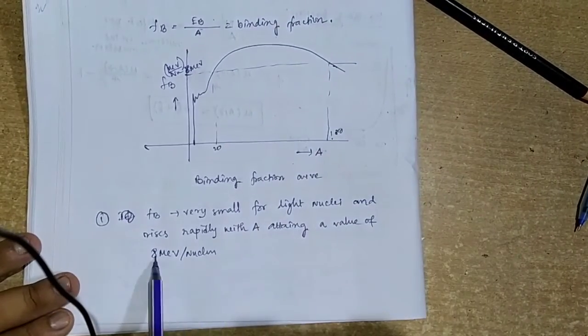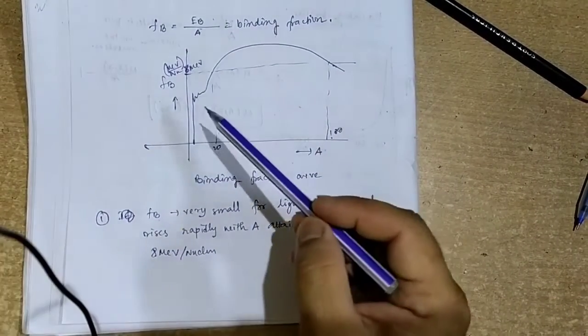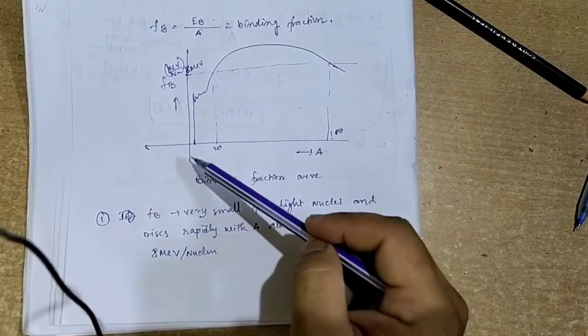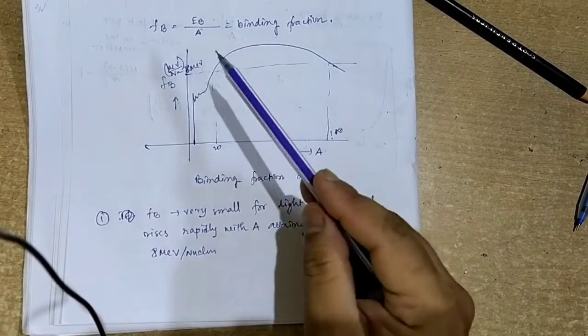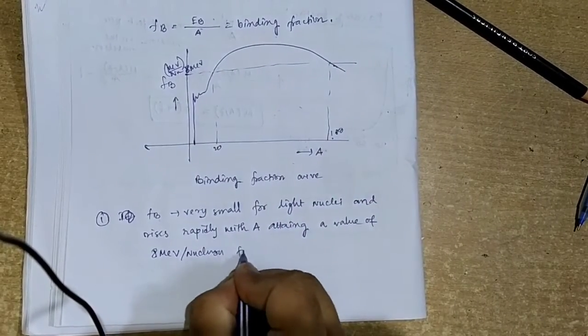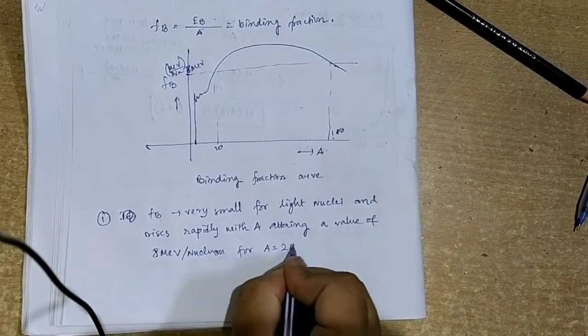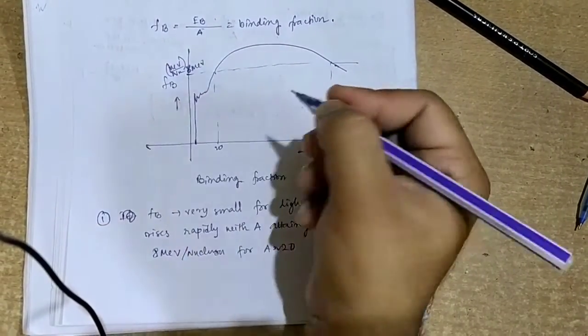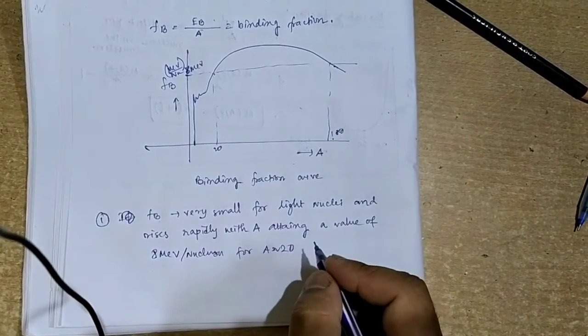So FB is very small for light nuclei and rises rapidly with A, attaining a value of 8 MeV per nucleon for A nearly equal to 20, তো এটা গিয়ে 8 MeV per nucleon হয়.